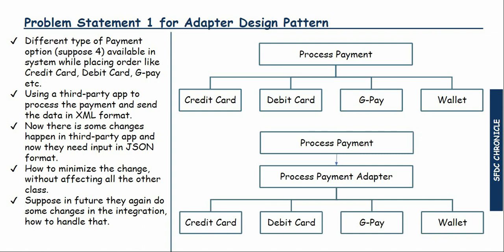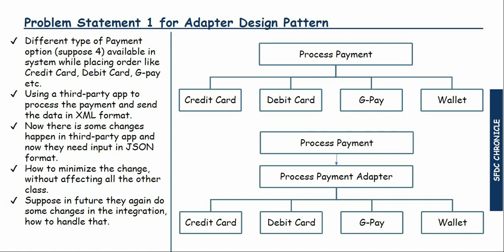The rest of the classes, that is credit card, debit card, GPay and wallet, are not going to directly integrate with process payment. Rather, they are going to connect with process payment adapter.